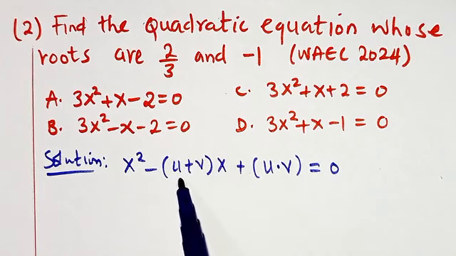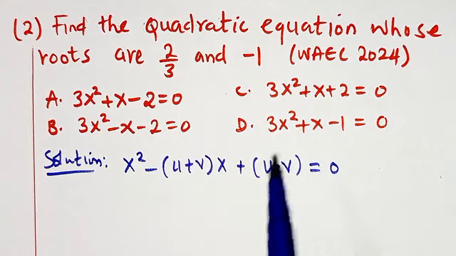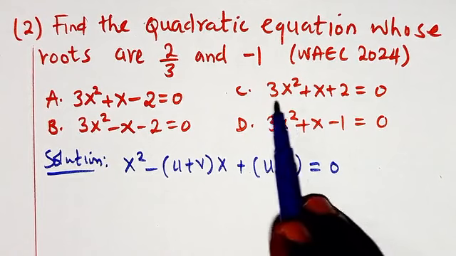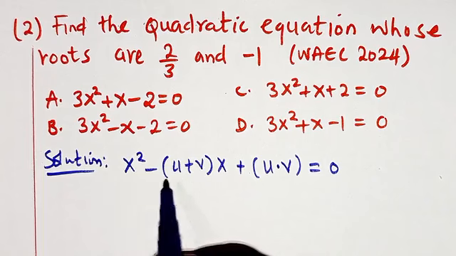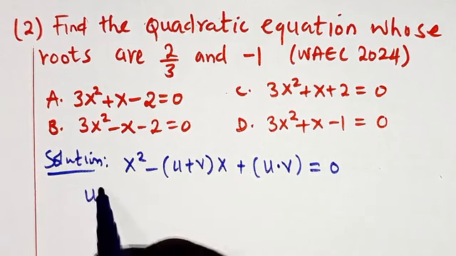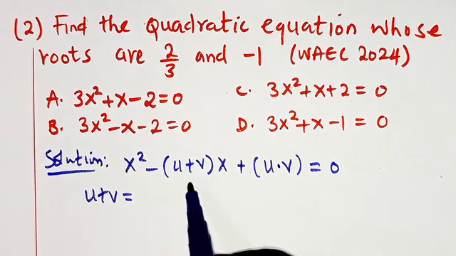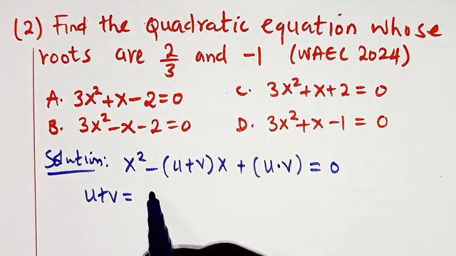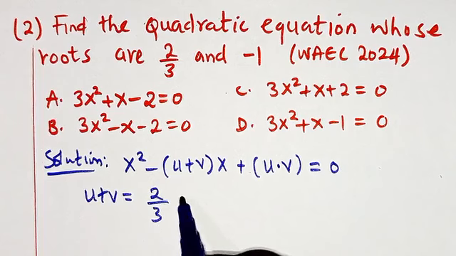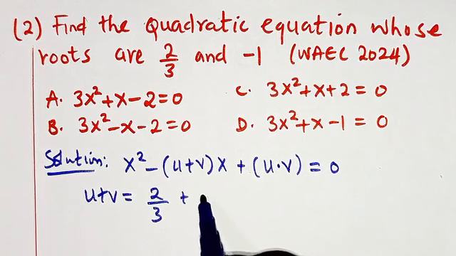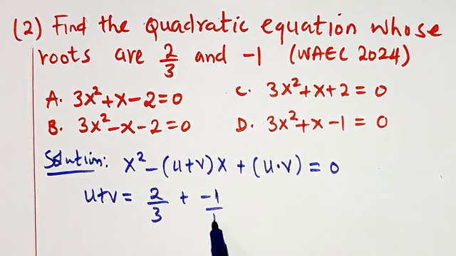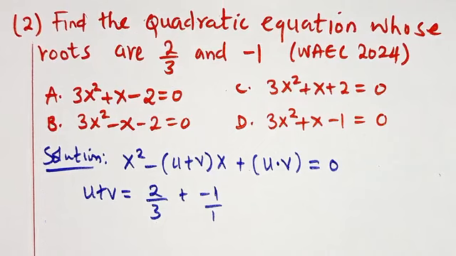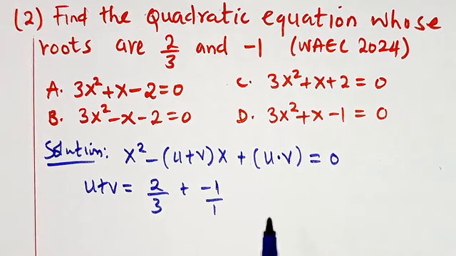So we're going to look at the sum of the roots, then the product of the roots. First we look for u plus v, that is the sum of the roots, that is 2 over 3 plus minus 1. We can write this minus 1 as over 1, because we want to simplify this fraction.